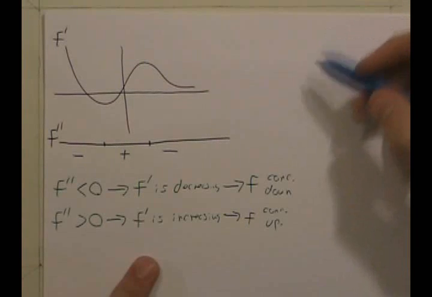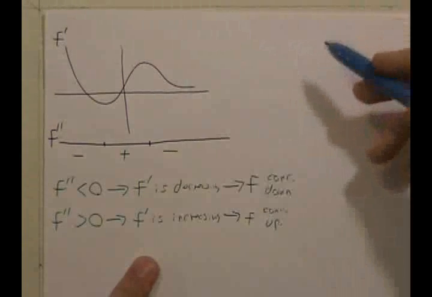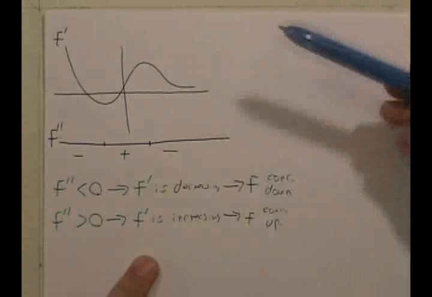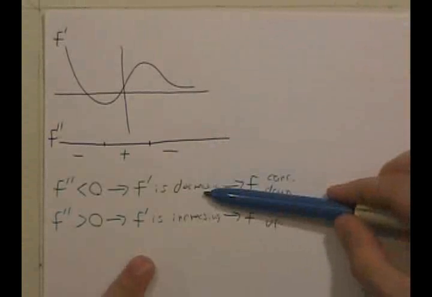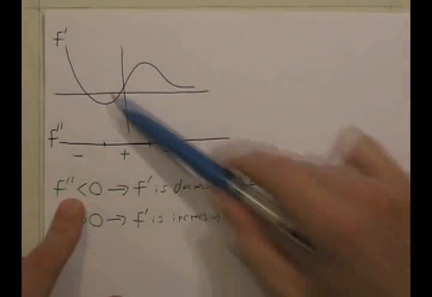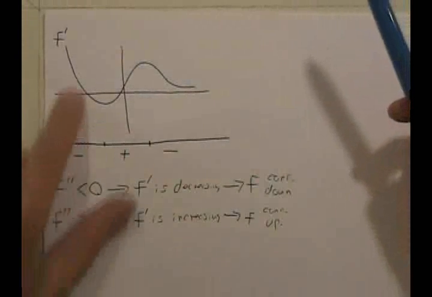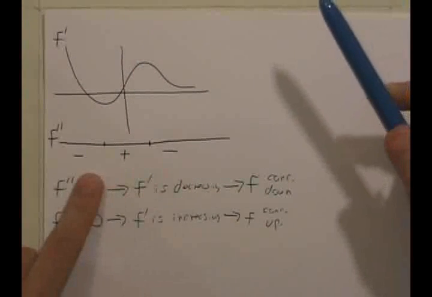If you're just given an f of x equals whatever, typically what you'll have to do is take two derivatives. And to tell whether f prime is increasing or decreasing, you have to look at the sign chart for f prime prime.